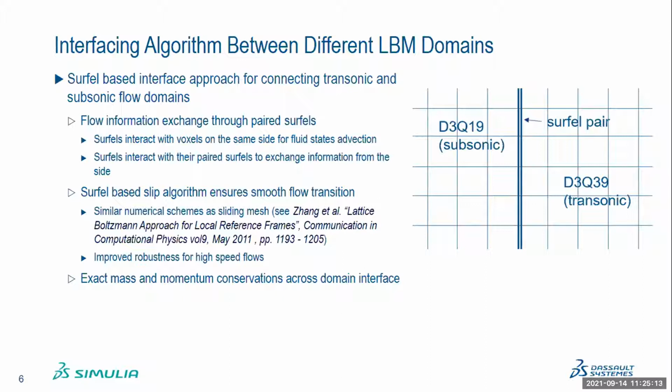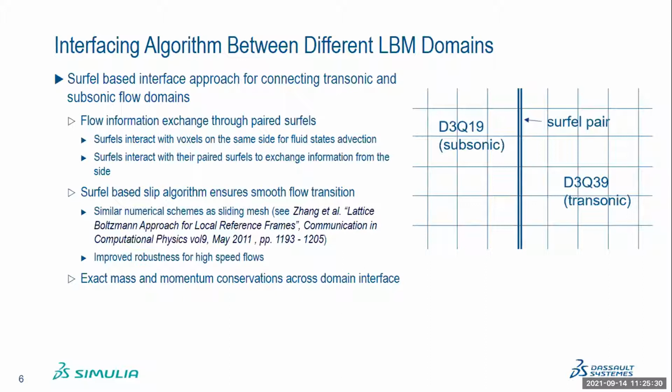A surface pair consists of two surfels, the left surfel and the right surfel. For illustration purposes, you can see two surfels here, but in reality, they coincide with each other.